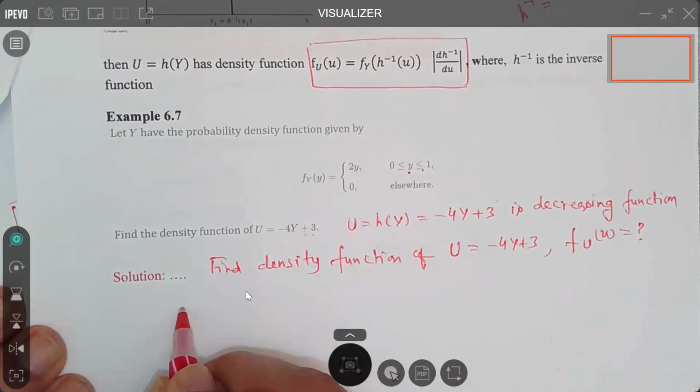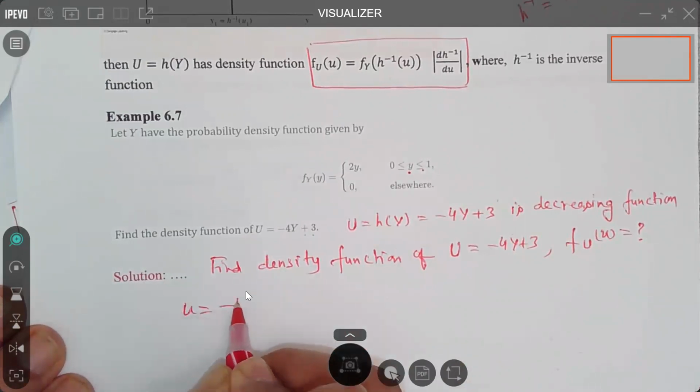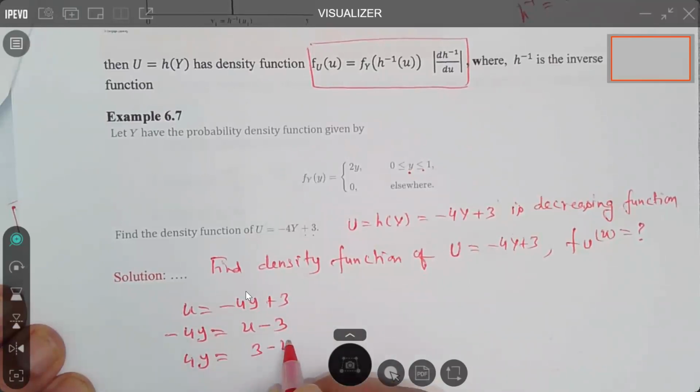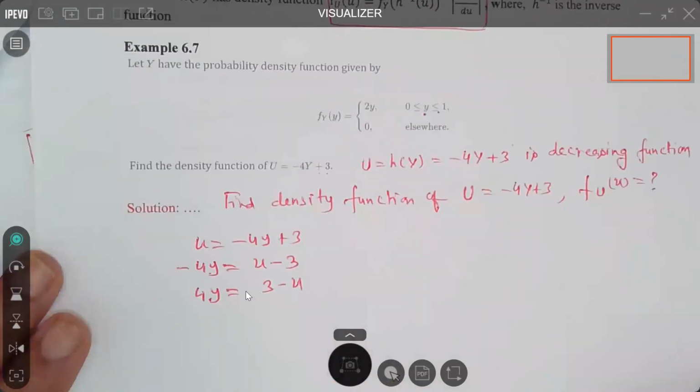Now we have u equals minus 4y plus 3, so minus 4y equals u minus 3, right? And then 4y equals 3 minus u.